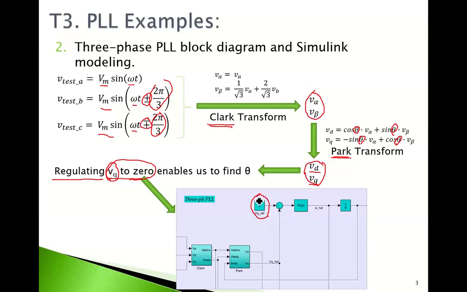First of all, 0 reference value for VQ, compared with the calculated VQ value out of the Park transformation, and the error goes through the PI controller to estimate both angular frequency and position angle here. And the angle position is fed back to the Park to assist the Park transformation. The three inputs here for the Park are the three original balanced three-phase voltages.